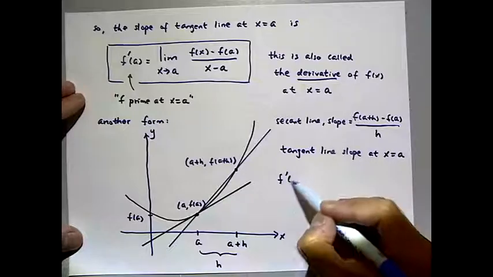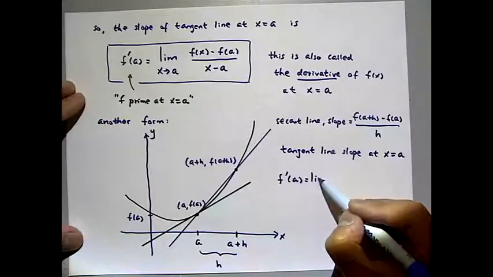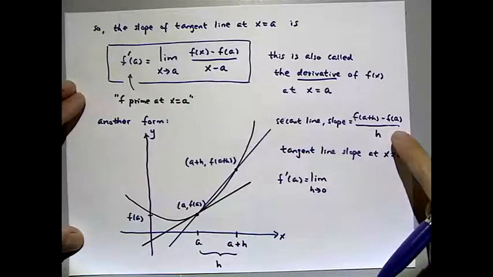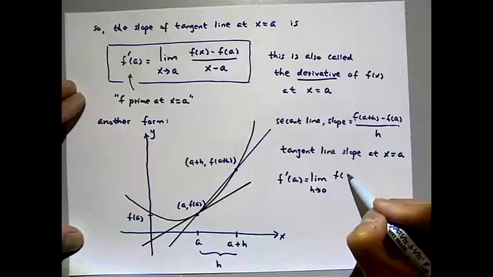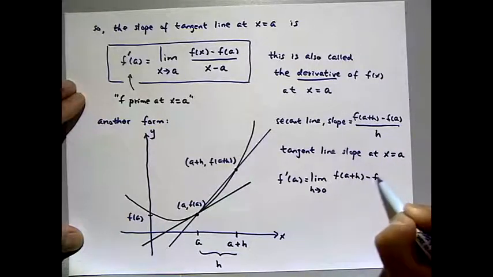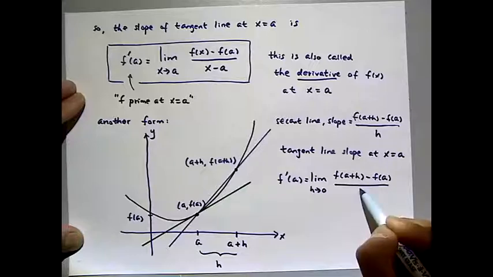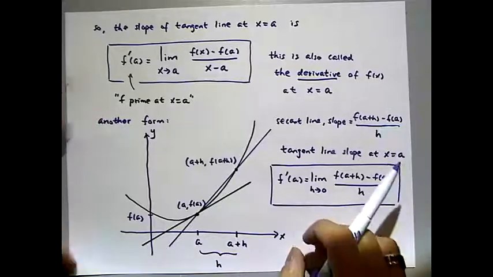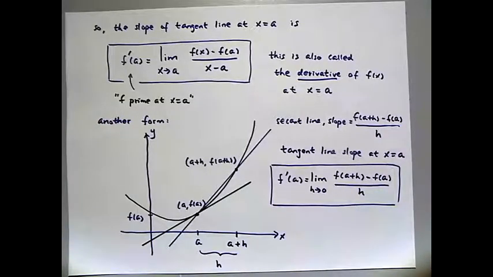So here's the second way to express the slope. f prime of a is equal to the limit as h goes to 0 of that. Okay, so we've got two different ways of expressing the same quantity. Both of these are equally useful. For certain functions, one might be a little bit easier than the other, but generally there's not too big a difference.